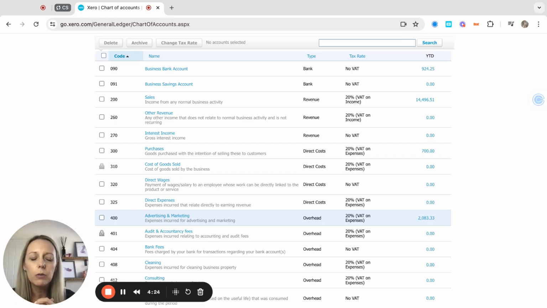So the easiest way to explain this is with goods, because it's the most simple way of showing the process here. So with goods, you are literally buying either the materials or the actual good itself into your business, and then you're going to sell it on. So that is a direct cost because you've bought it to sell it.